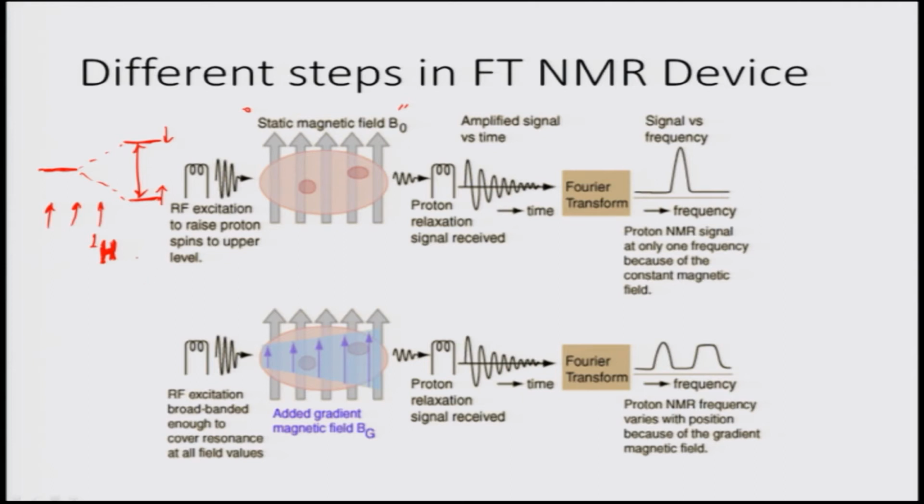Proton happens to be one of those which can undergo a plus minus half separation into the two cases where the spin is aligned in the direction of the magnetic field or opposite to it. Similarly, carbon 13 also has similar properties, and there are many other nuclei that we have used and discussed which can interact with the applied magnetic field to split into two states.